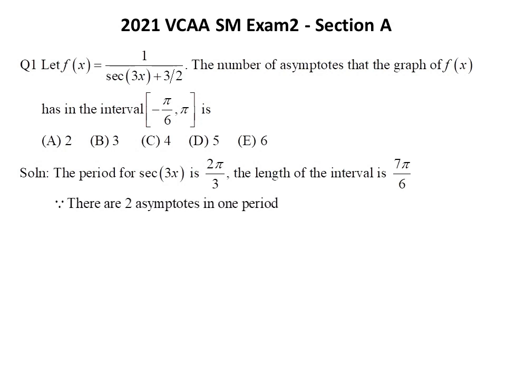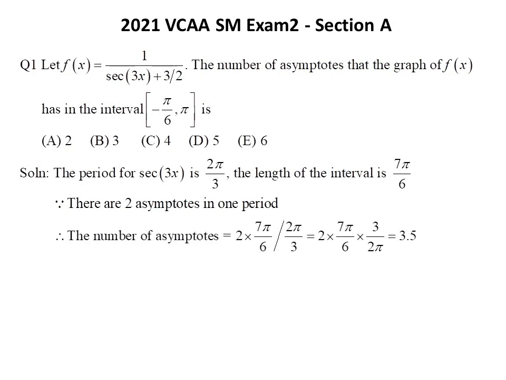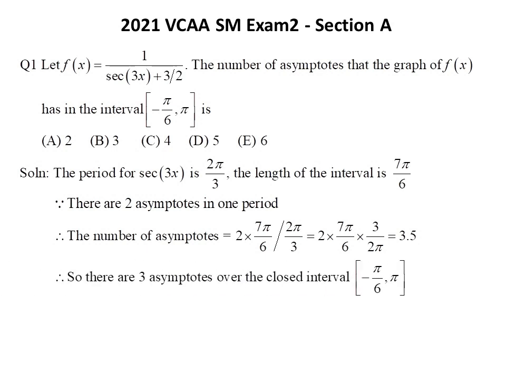Since there are 2 asymptotes in one period, the number of asymptotes can be calculated as 2 multiplied by 7 pi over 6, divided by 2 pi over 3, which equals 3.5. Hence, there are 3 asymptotes in the closed interval.